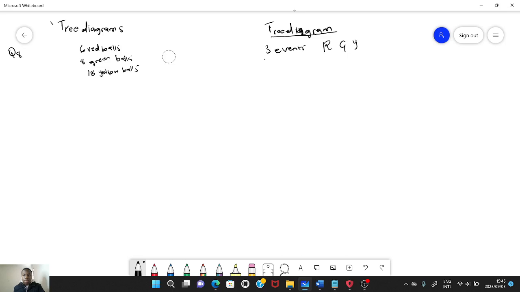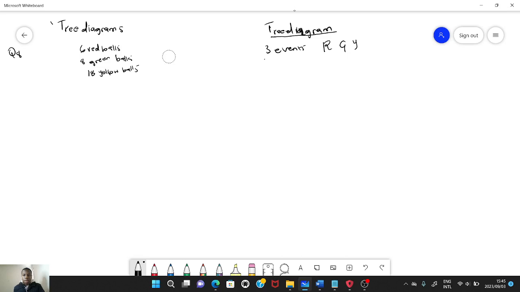And I told you that whenever you determine the probabilities, in the numerator you will have the total number of favorable outcomes, and in the denominator the possible outcomes. We know that the possible outcomes in this case will be our sample space or sample size.